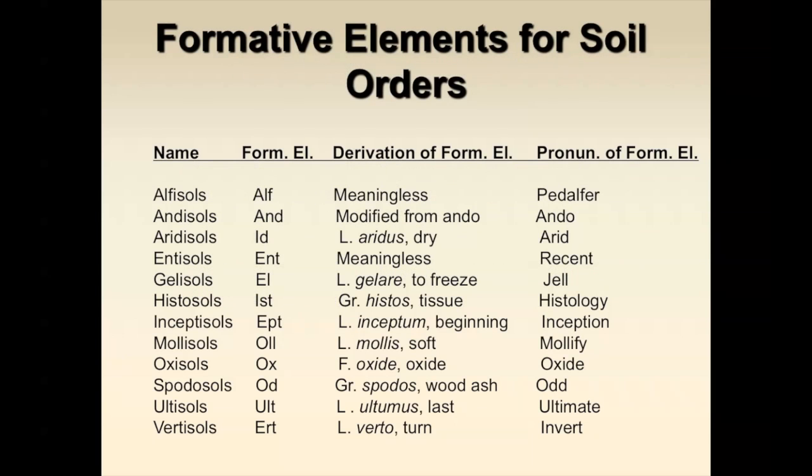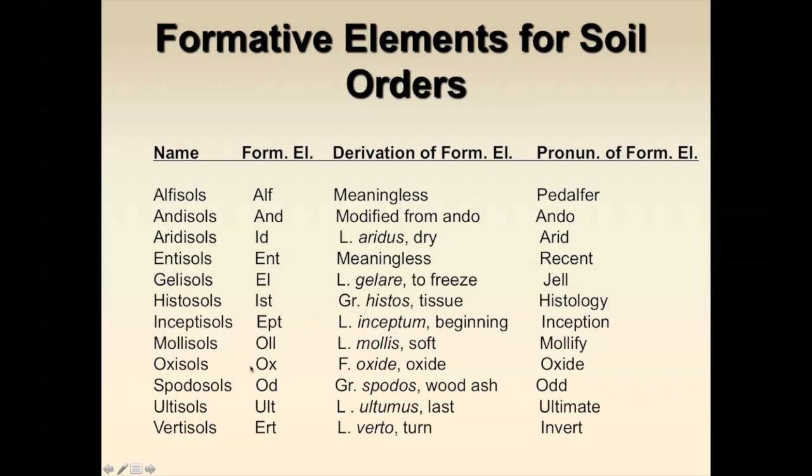So looking at the formative elements of those 12 soil orders, I'm not going to go through each one of them, but some of them make sense, and some of them don't make any sense at all. But for instance, when we talk about Ultisols, the Latin is ultimus, or last, ultimate. We talked about it, it's well developed.